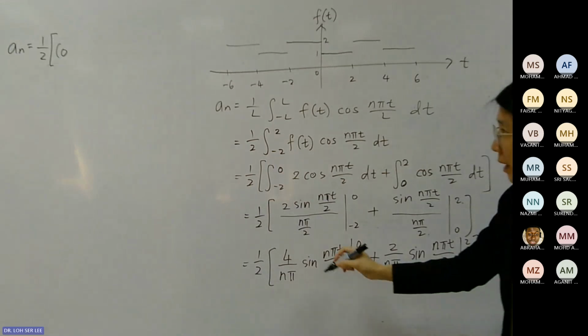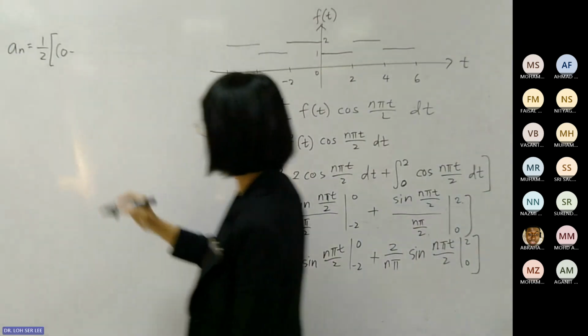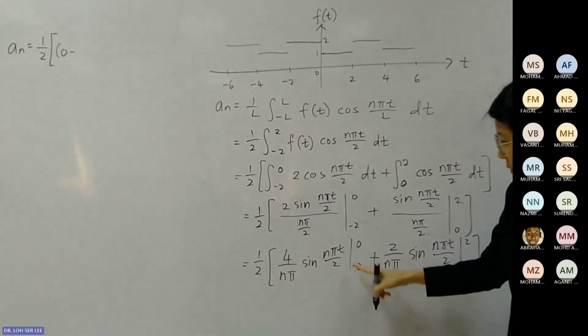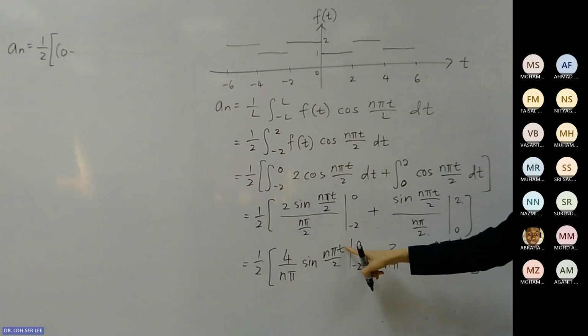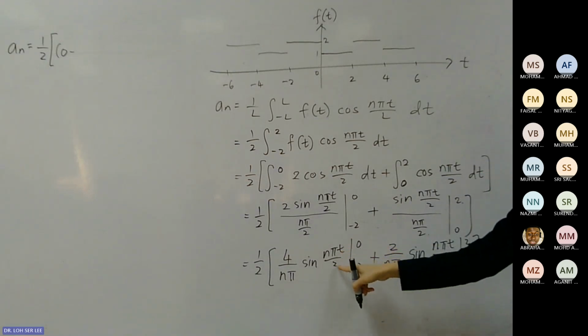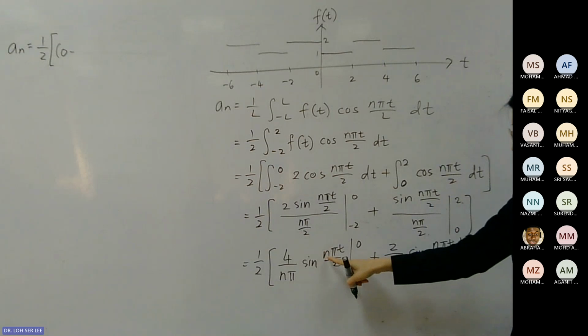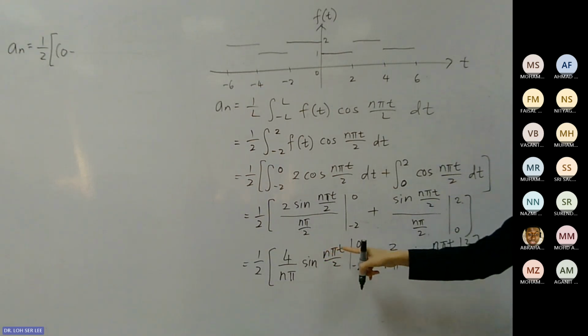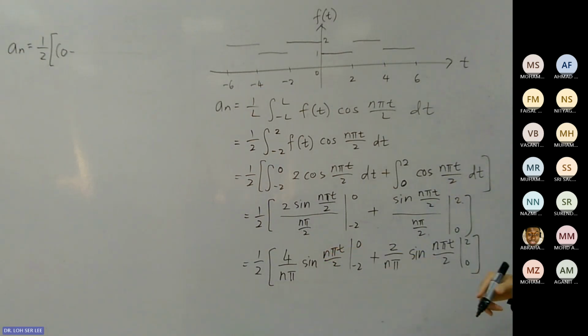Okay, minus, okay, minus -2. When you put a -2 here, when t is -2, cancel out the 2. Okay, cancel out the 2, and you have negative n pi. Sine negative n pi is also 0.